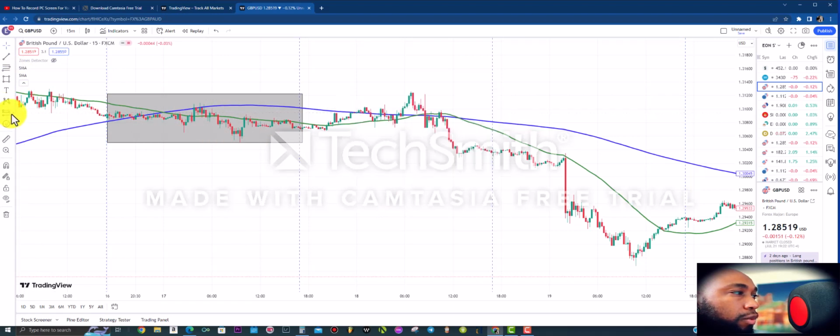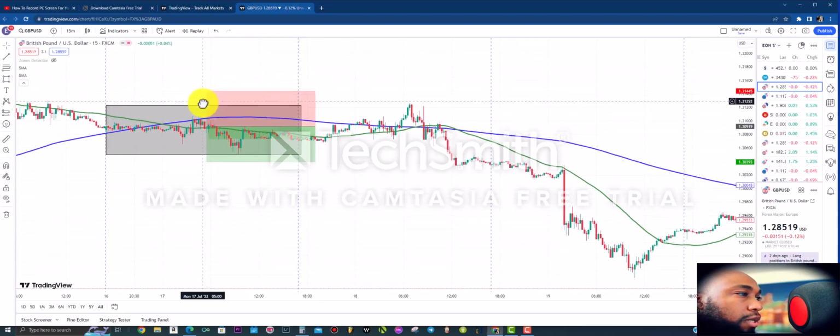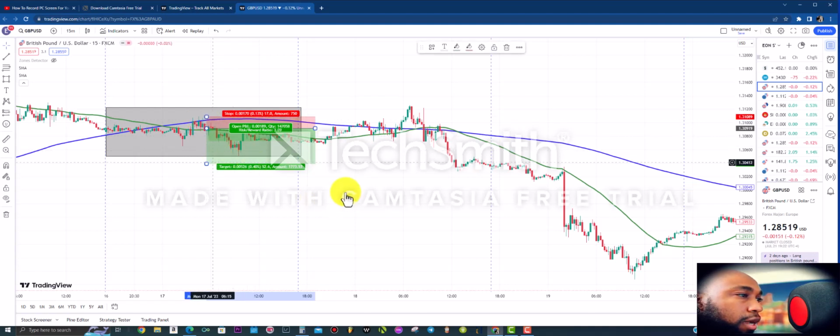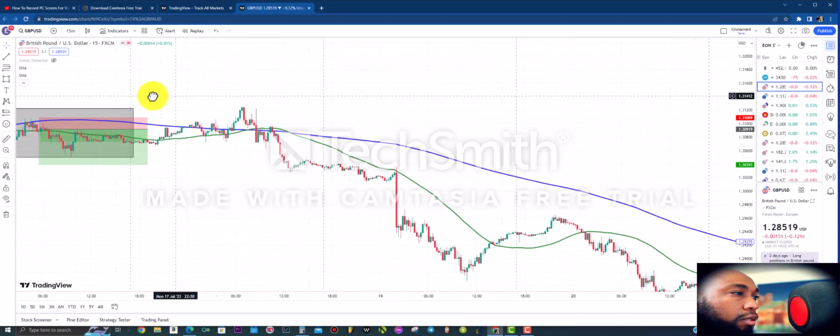Let's just measure what we would have got there. So you took the short here, put your stop loss right about here. You would have got a 3-to-1 risk to reward on that one. Yes, 3-to-1 on the scalp.